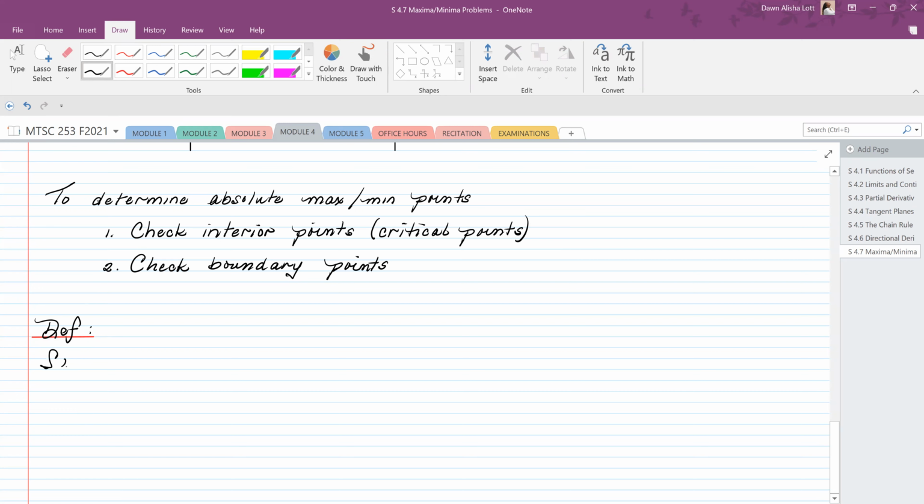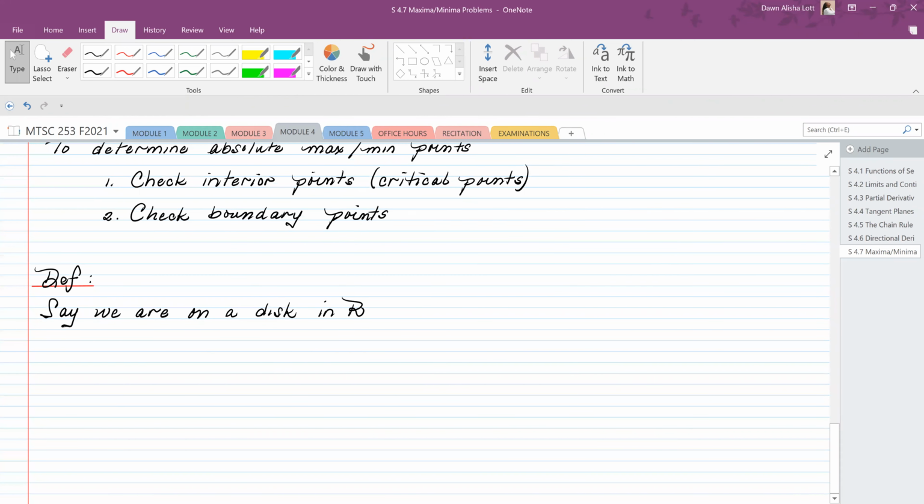Say we are on a disk in the region R. If f of AB is greater than or equal to f of x, y, for all x, y in the disk.